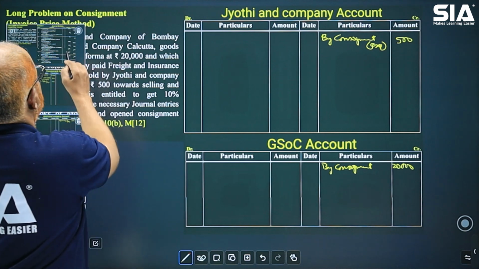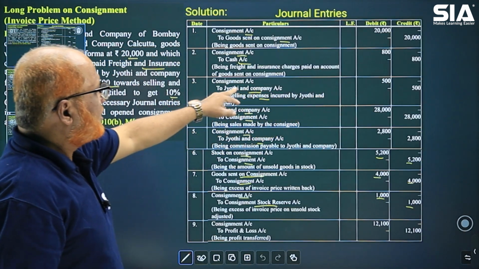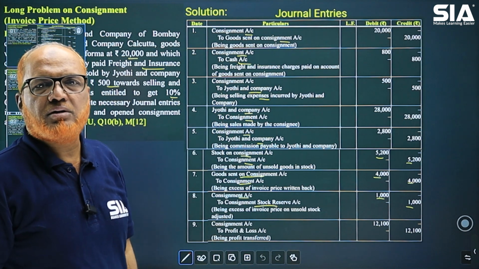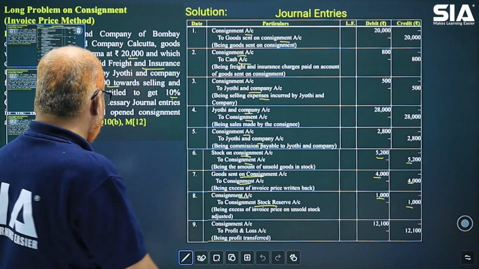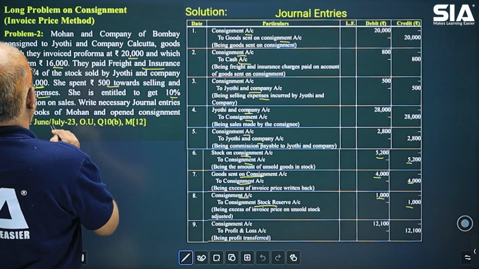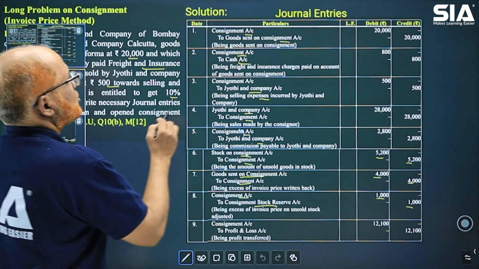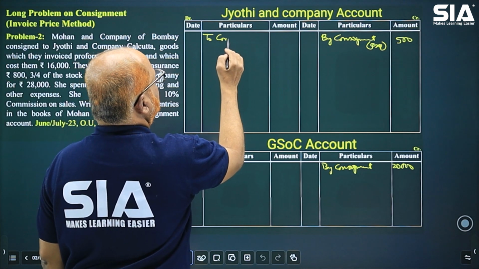This is the 500 expenses. Third entry we have posted. Now the fourth entry, Jyoti and Company to consignment account. This is the sale entry. So Jyoti and Company should be debited.